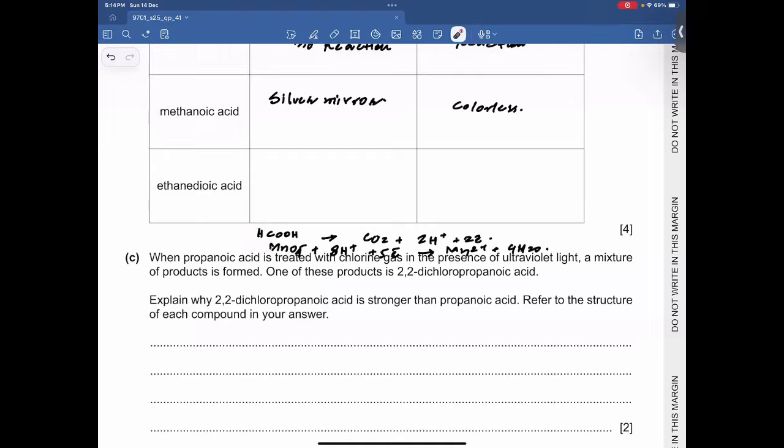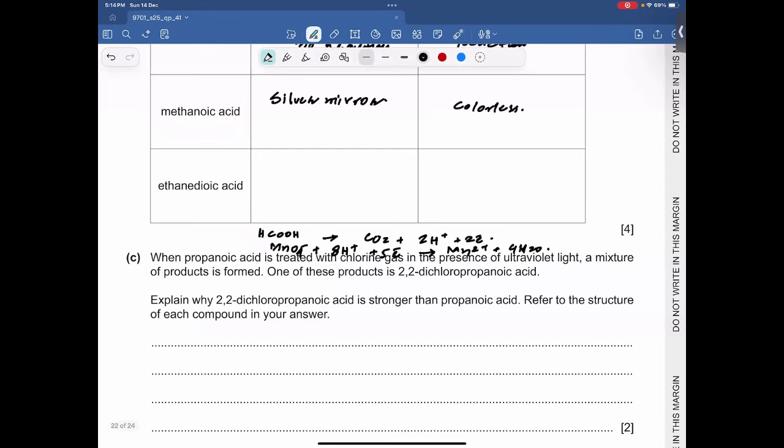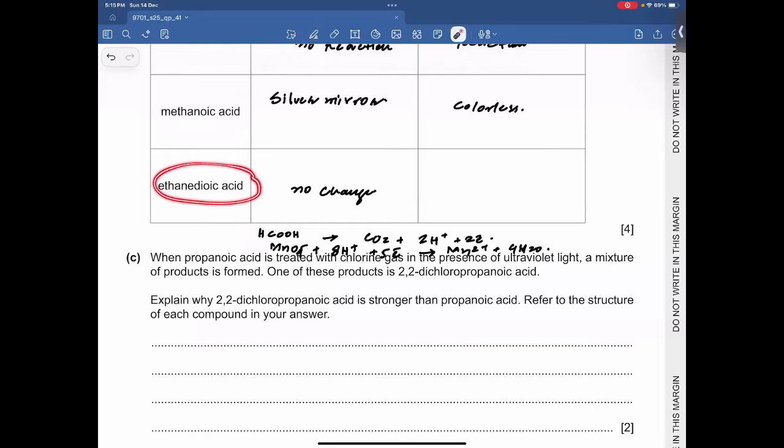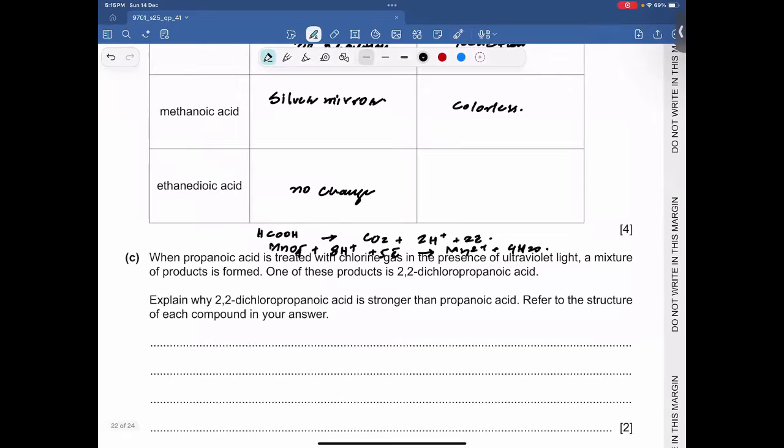Ethane dioic acid cannot react with Fehling solution or Tollens reagent, so no change. In fact, no reaction, okay? But when ethane dioic acid reacts with KMnO4, color changes from purple to colorless because ethane dioic acid is basically a reducing agent.